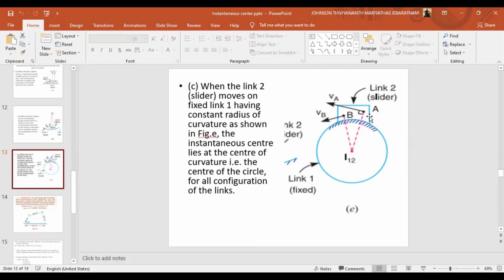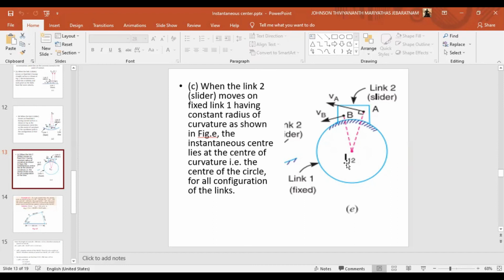So this is a special case. If the slider is somewhere here, or here, or here, the center is going to be the same, since this is a circle and the radius is constant. So the instantaneous center will lie at the center of the circle.